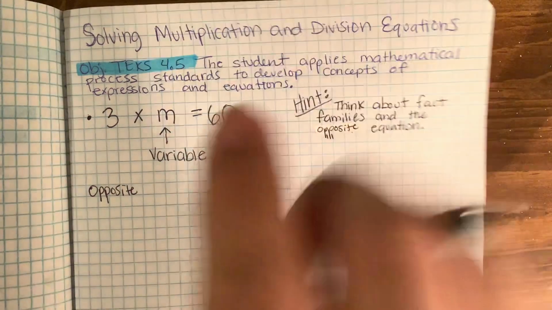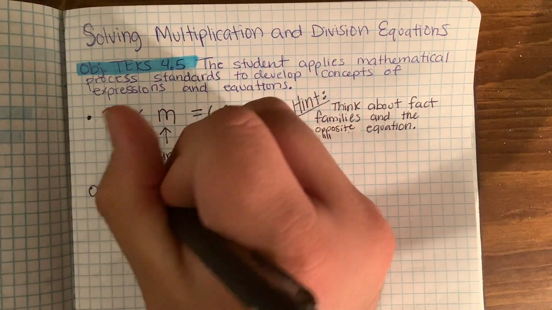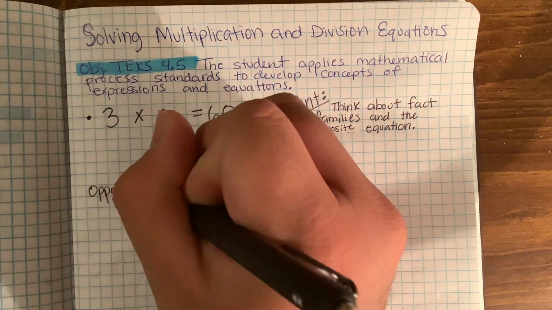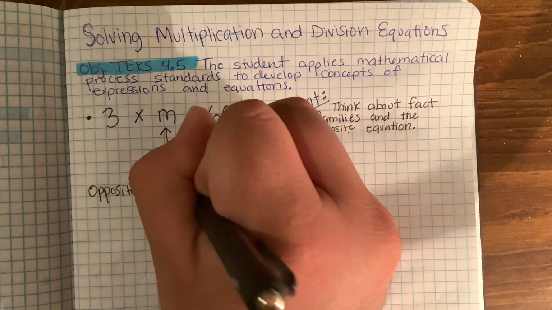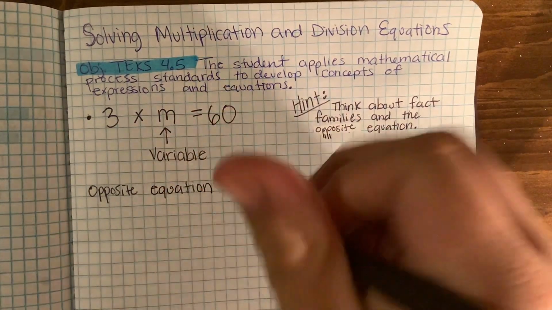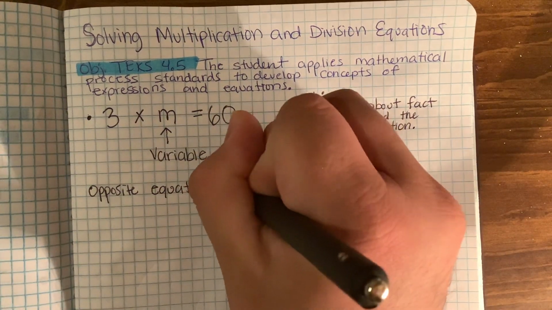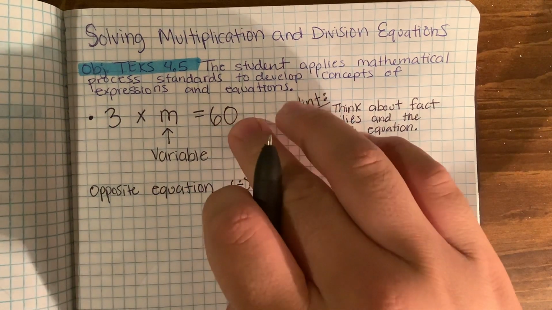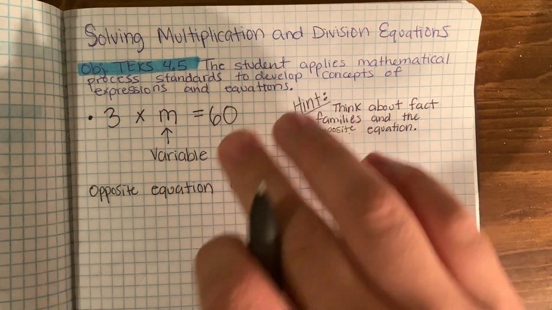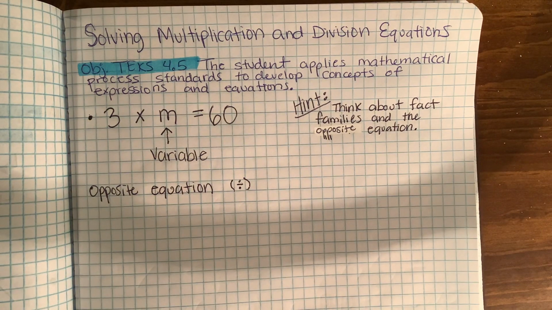Okay, back to it. So the opposite equation would be in this case division. Okay? So if I know my total in my multiplication, my total becomes my what in division?